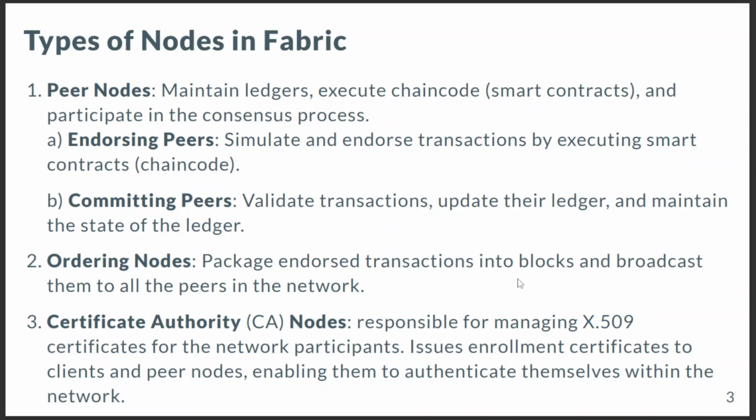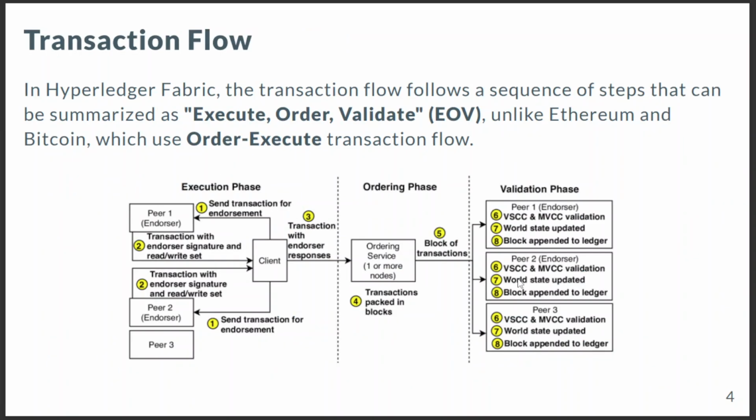In Ethereum, every node executes it in parallel. But in Hyperledger Fabric, only some of the endorsing peers execute the transaction using the smart contract, and then it is sent for validation. There are also the ordering nodes that order the transactions and handle the consensus mechanism. And finally, the certificate authority, who issues the identity certificates to users and other members of the blockchain.